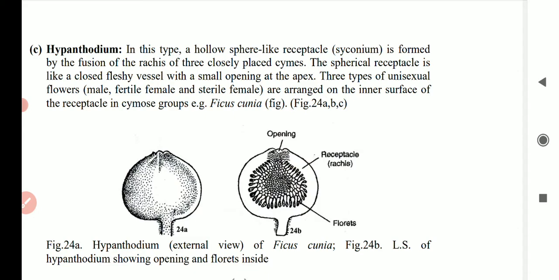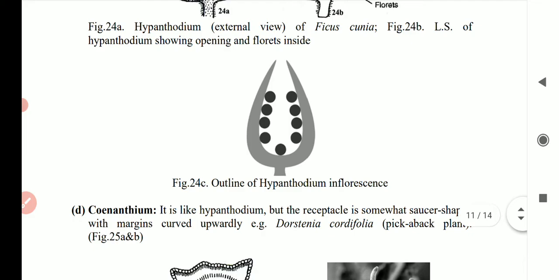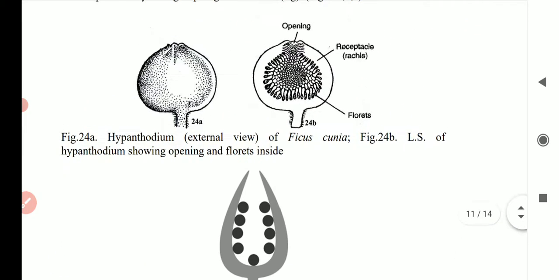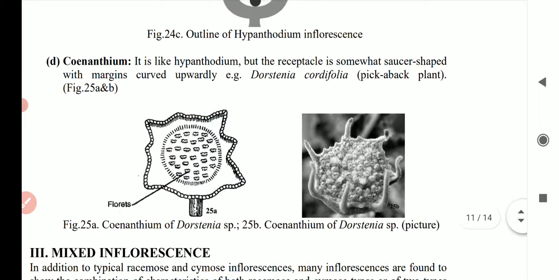Then it has a small opening at the apex, and there are unisexual flowers, that is 3 types of unisexual flowers: some are fertile female, some are sterile female, and some are male flowers. So you can draw this outline, it's enough, or it's your choice which one you want to draw.